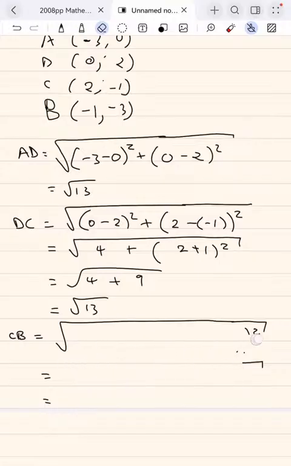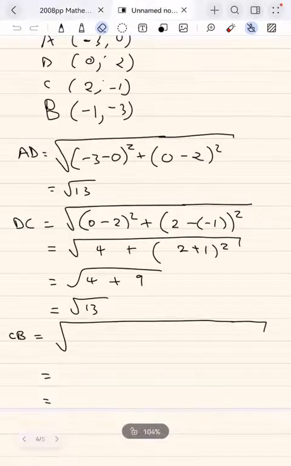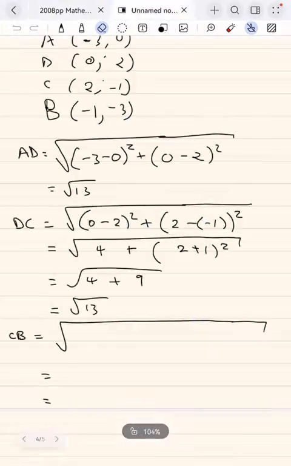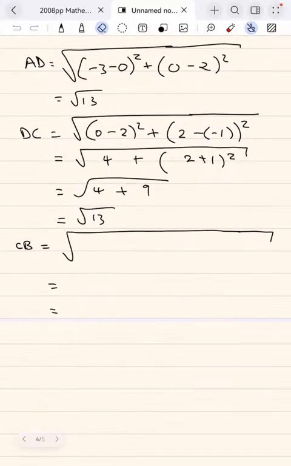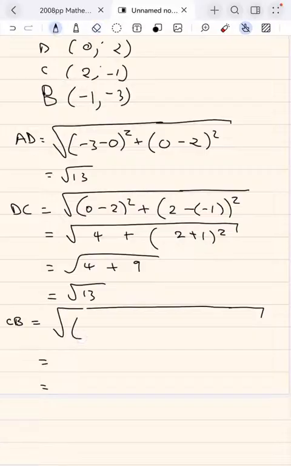Let me just verify if CB is the side of this square. CB. Okay, CB is what? B is minus 1, minus 3. C is 2, minus 1. Okay, cool. All is well.